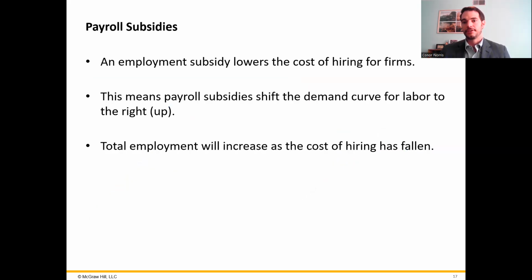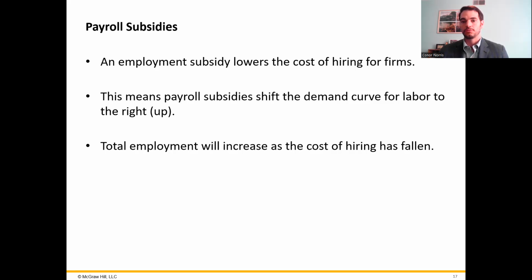Certain types of taxes can discourage employment, but there are other ways for the government to encourage employment, so to do the opposite. One example of this is through employment subsidies. So employment subsidies have the exact opposite effect of a payroll tax. A payroll subsidy is a financial incentive provided by the government to employers, to firms, to encourage them to hire more workers or to maintain their current employment levels when they would typically want to lay off some of their workers.